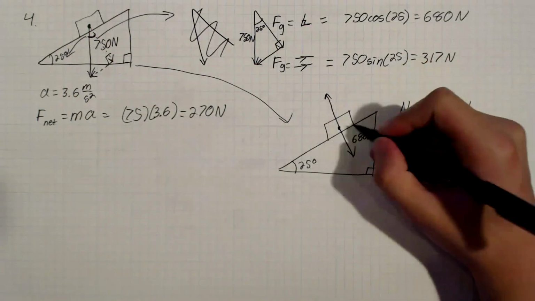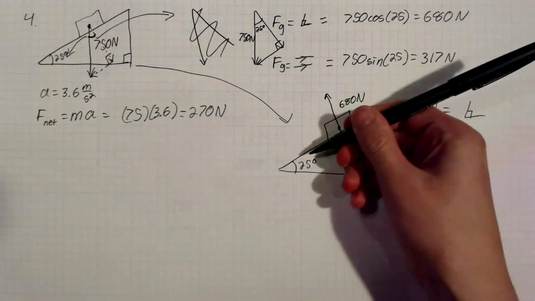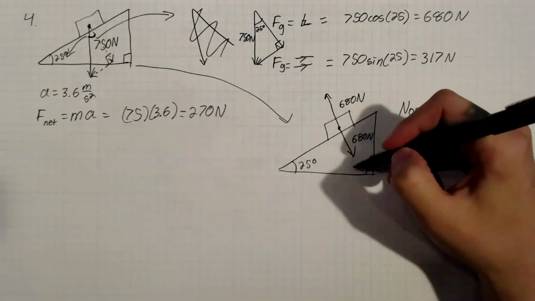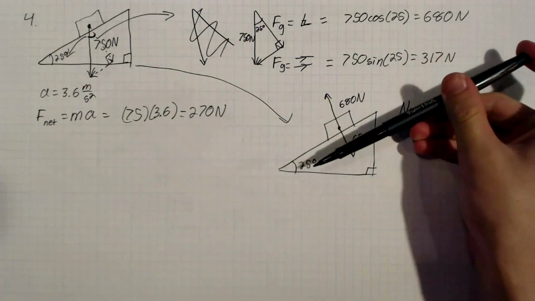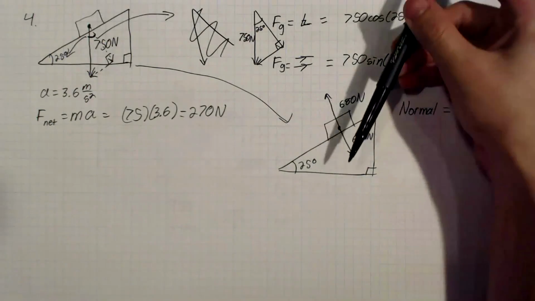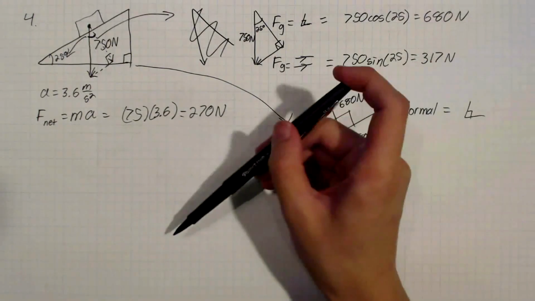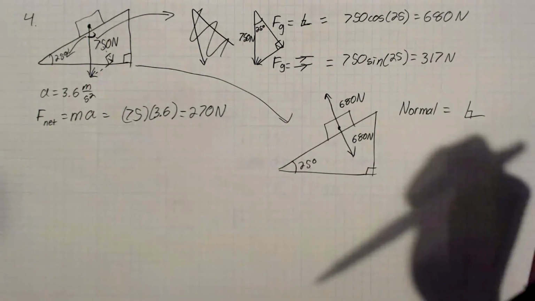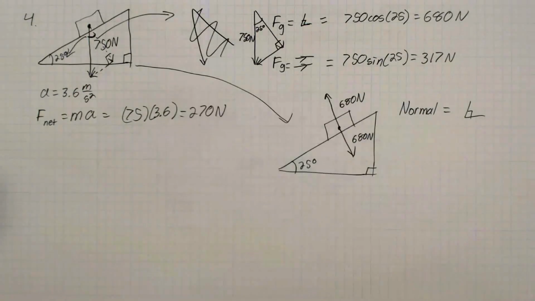So the normal force is also going to be equal to that because the block is only going down the ramp. If these two forces didn't balance out, that would mean that it's accelerating either off the ramp or into the ramp, which doesn't make any sense because it's just going perfectly parallel to the ramp, meaning there can be no net force in the direction perpendicular to the ramp.